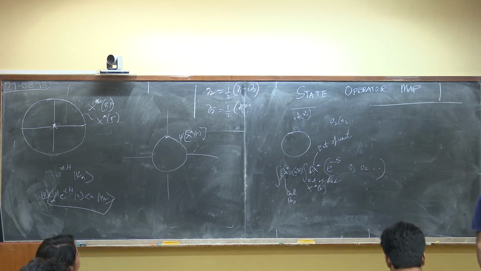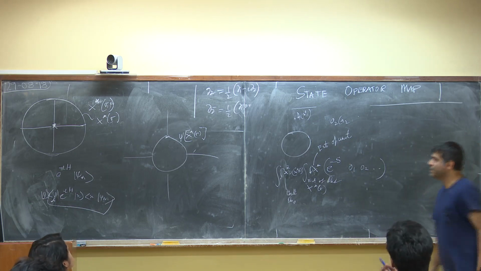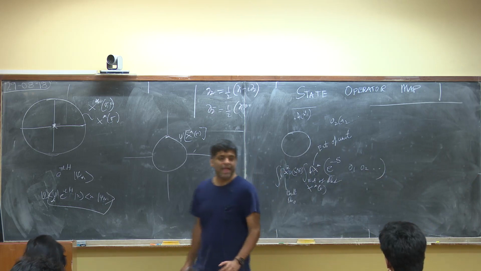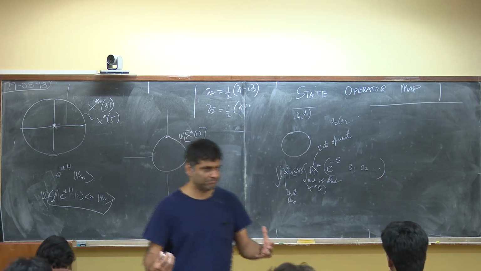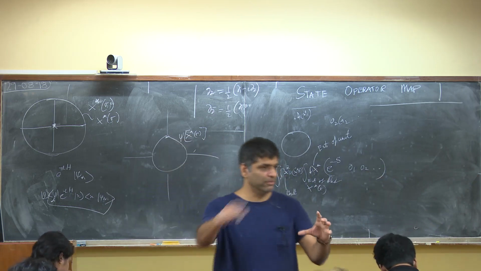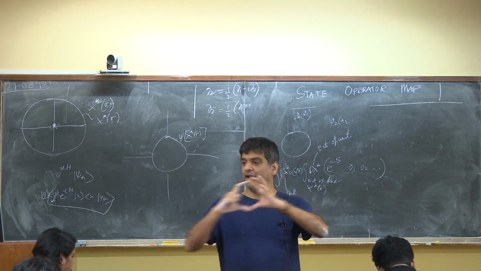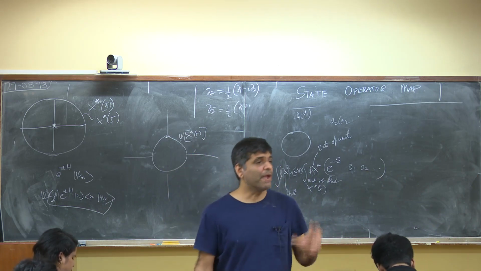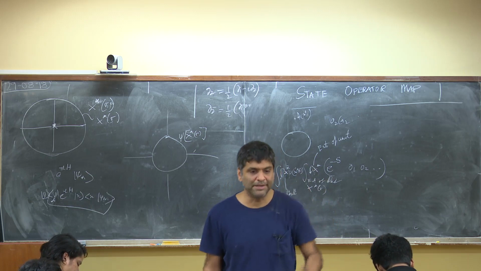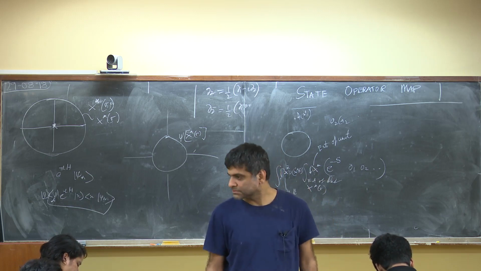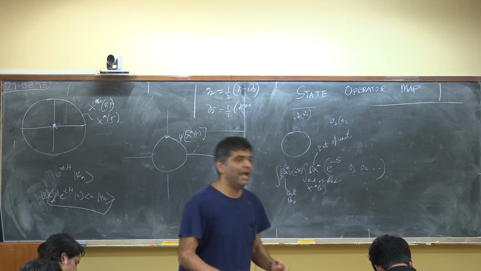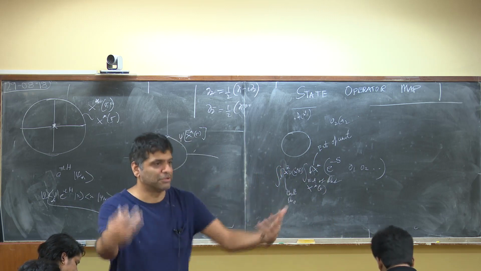Okay. Tell me which part. Was this operator to state part clear? Okay. Now what I want to do is this. Given a state, which is a function psi of x mu, I'll imagine the state is defined on the unit disk. I want to define a local operator. This is part one of that procedure.